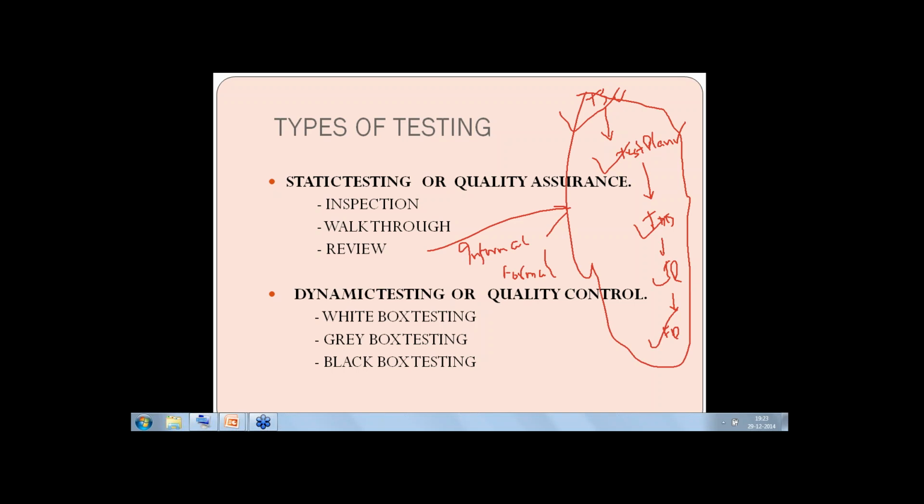And if you see the arrow marks here, the arrow marks depict that this document is going to come only when this document is made and reviewed. Similarly, this document is going to come when this document is made and reviewed. Similarly, this document is going to come when this document is made and reviewed.